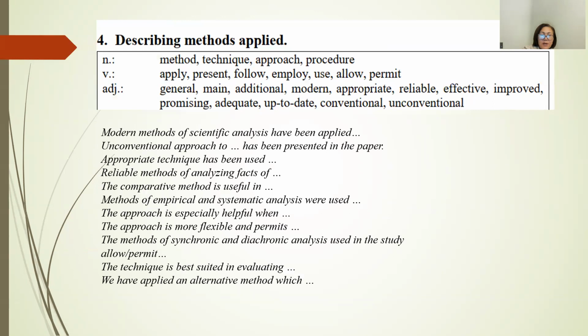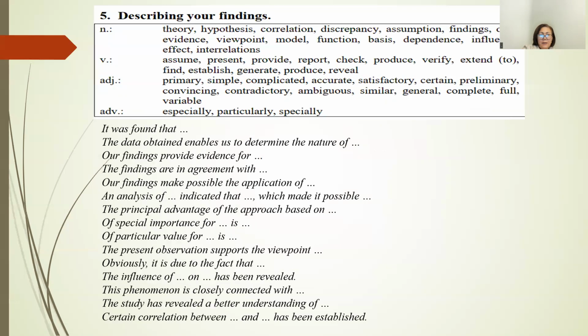Next step is describing methods applied. You can see nouns like method, technique, approach, and the verbs, adjectives. So also you can see here examples like: modern methods of scientific analysis have been applied. The approach is especially helpful when the technique is best suited in evaluating. Now, describing your findings.